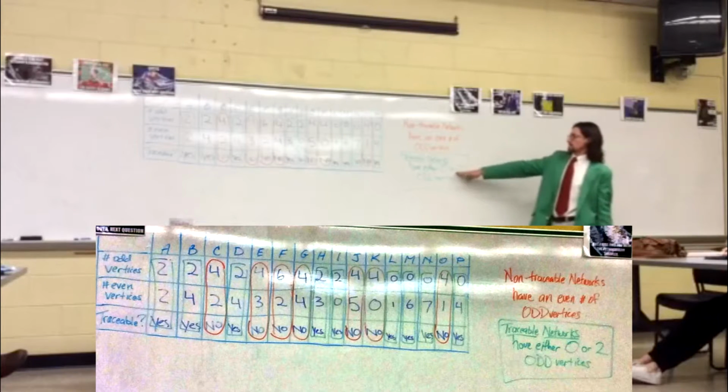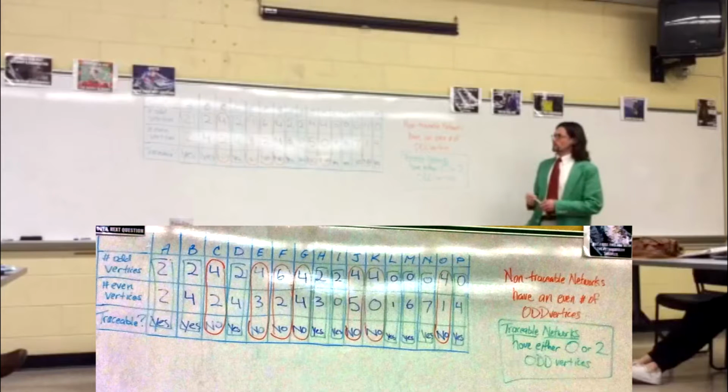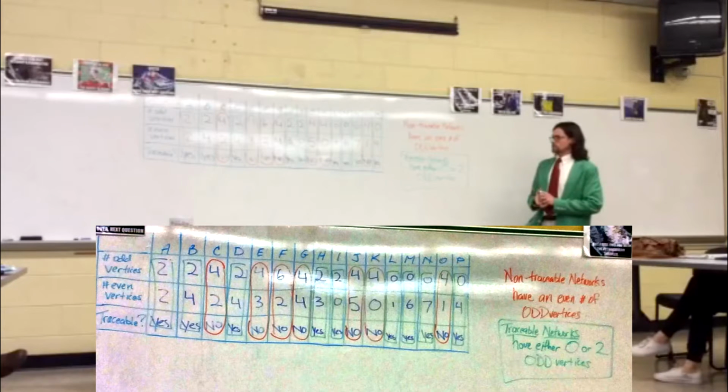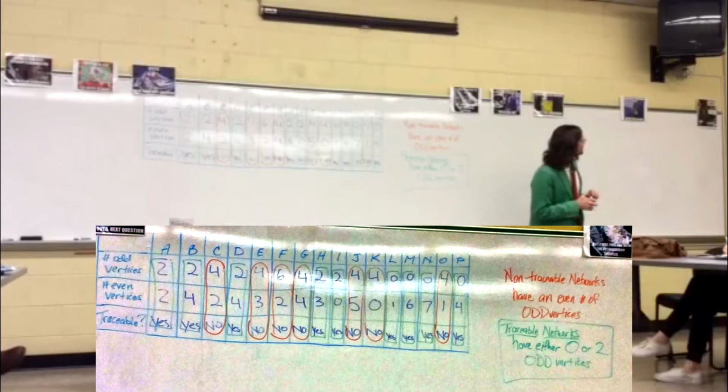There's a whole set of mathematics based on this. 0 or 2 odd vertices is going to determine whether or not your network's going to be traceable or not. That's pretty cool.